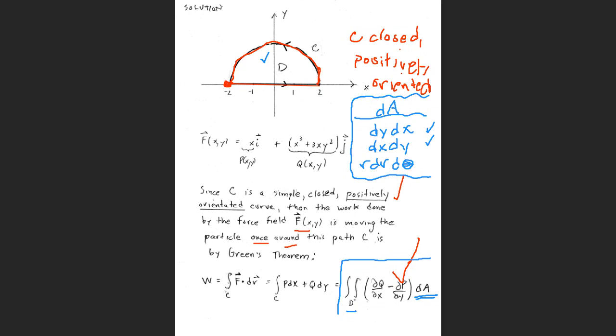I agree, Ava. We should probably think about using polar. We're not there yet, but there's nothing wrong with thinking ahead a little bit. Are there any questions before we move to the next page here? So this is probably the best choice.